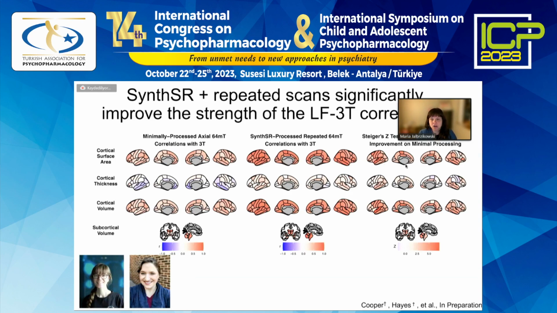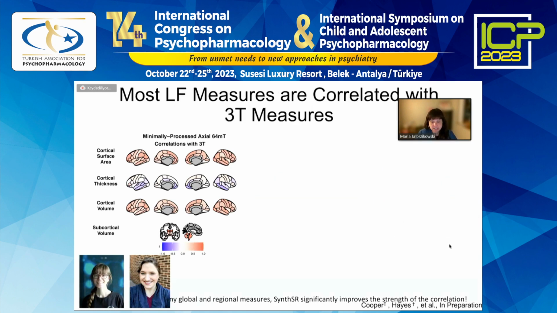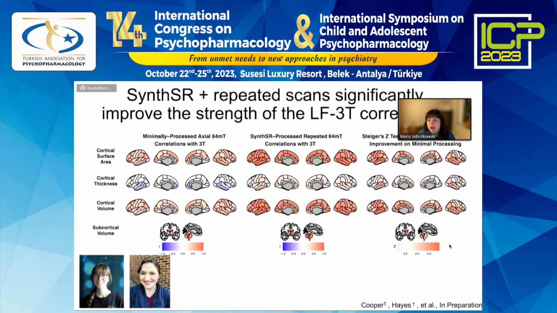And the darker the red, the stronger this improvement. And so what you can see across cortical volume and cortical surface area measures, as well as subcortical volume measures, and distinct temporal and medial regions of cortical thickness, you can improve this correspondence, suggesting that, yes, we should be able to have some ability to measure these scores in a portable low field scanner.